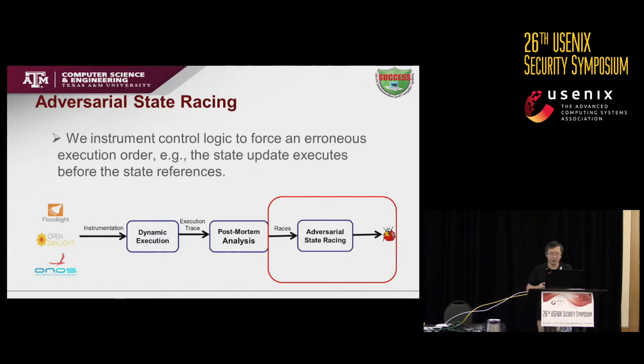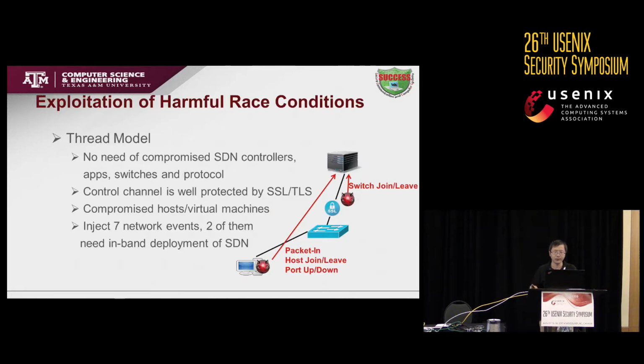To do that, we need to instrument the different branches inside and then insert several waypoints in the trace in order to get the right execution order. So that's the high-level solution for how we detect those potentially harmful race conditions.